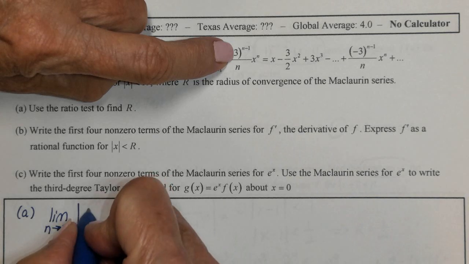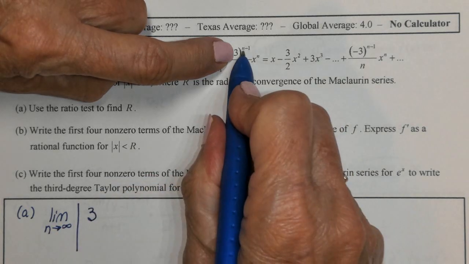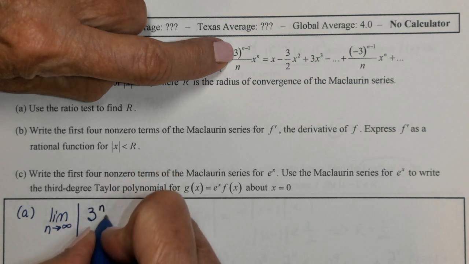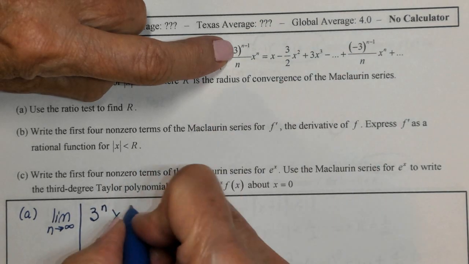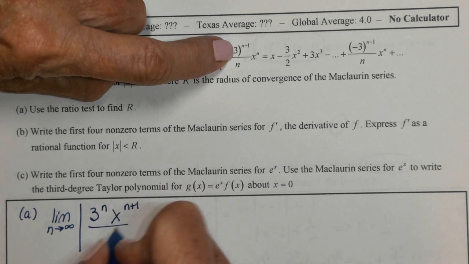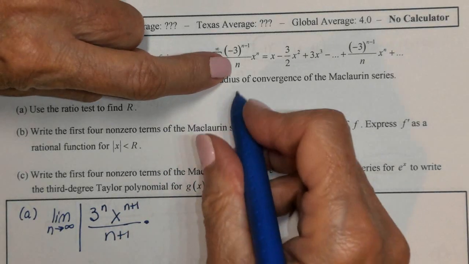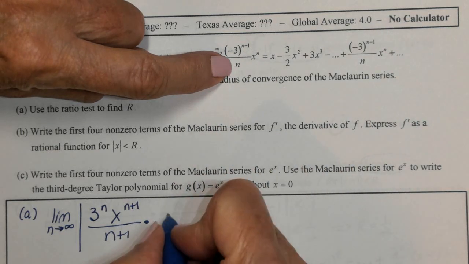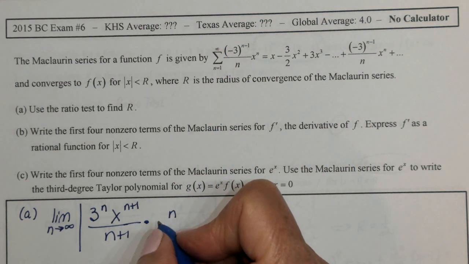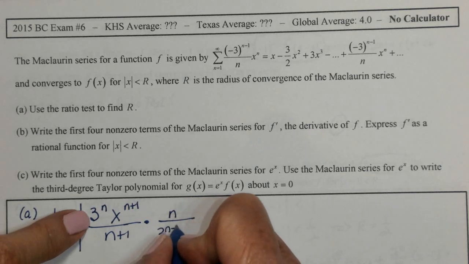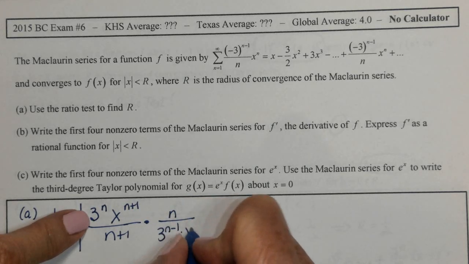So I'm going to leave it 3 to the, if I put an n plus 1 in for that n, this will just be an n, x to the n plus 1 over n plus 1. Multiply by the reciprocal of the nth term over 3 to the n minus 1 times x to the n.